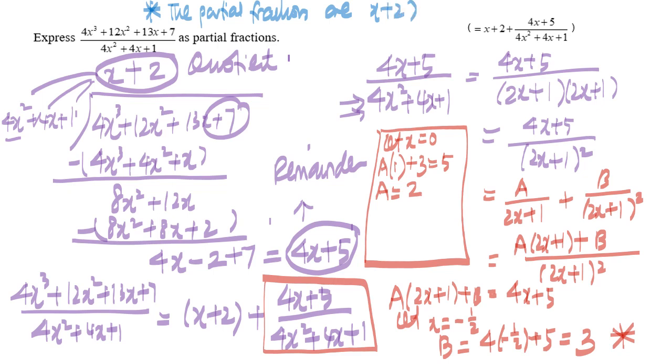And then your two partial fractions, A over 2x plus 1. The value of A we found to be 2, so it's 2 over 2x plus 1, followed by B, which is 3 over bracket 2x plus 1 squared.